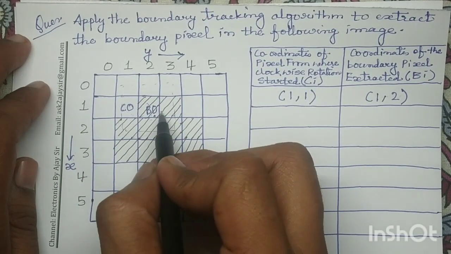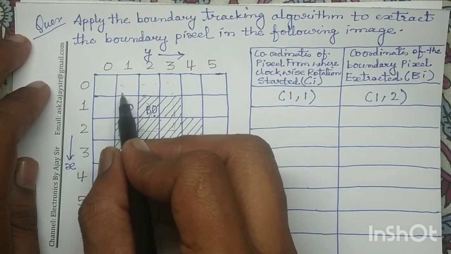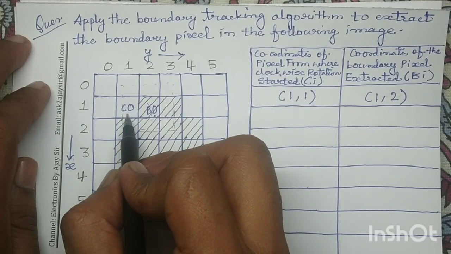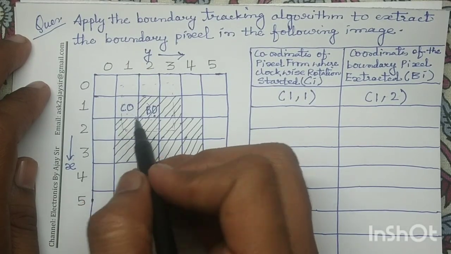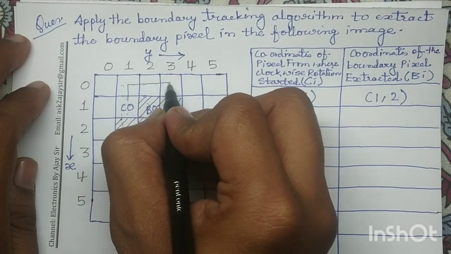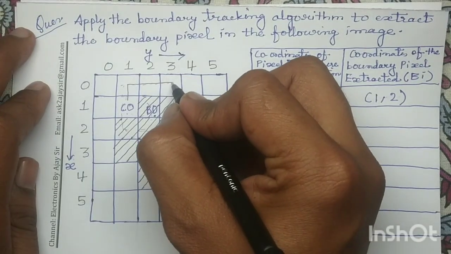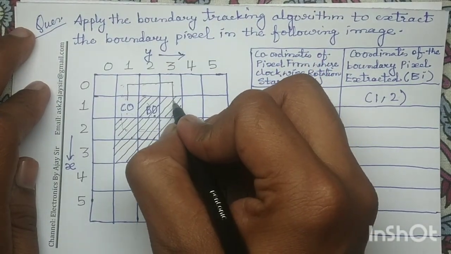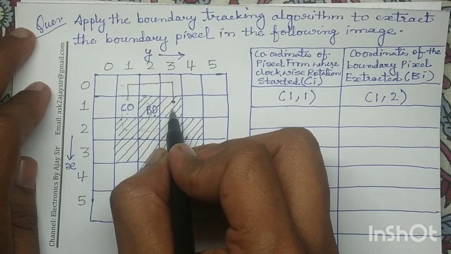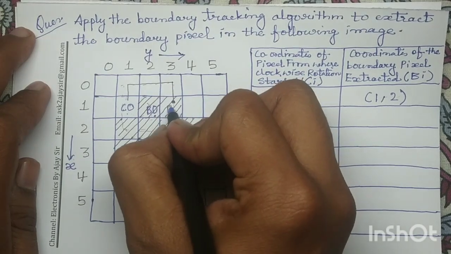From C0 we have to move in a clockwise direction, and observe which is the next boundary pixel that we have reached. So this is the next boundary pixel that we have reached. We will mark it as B1.